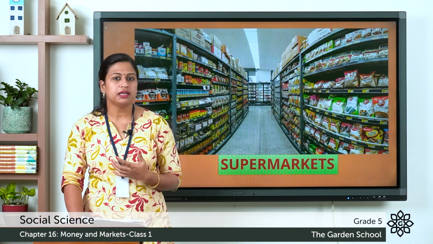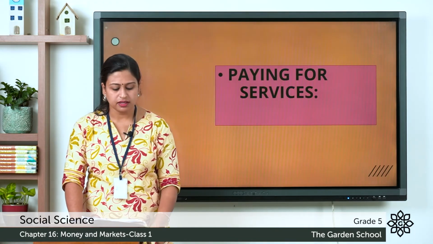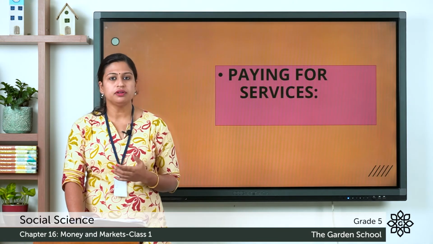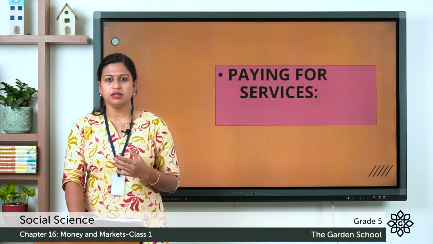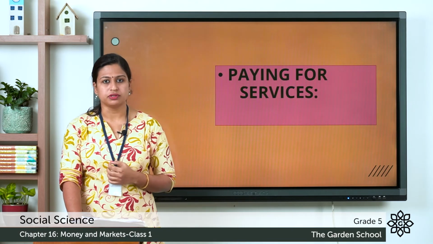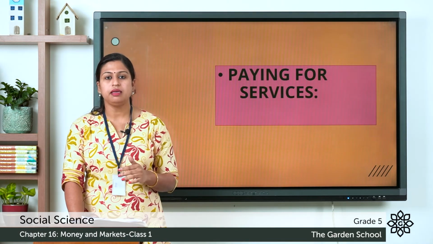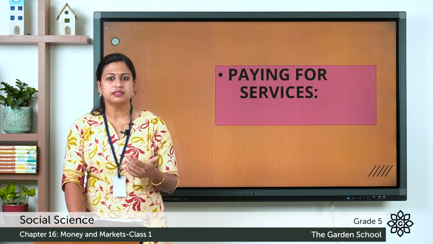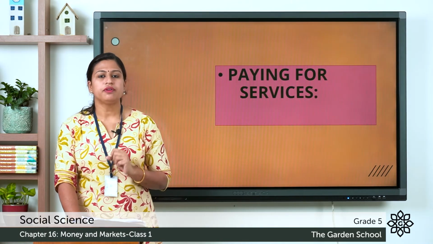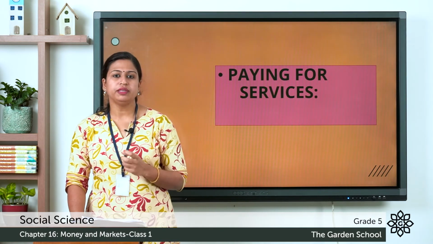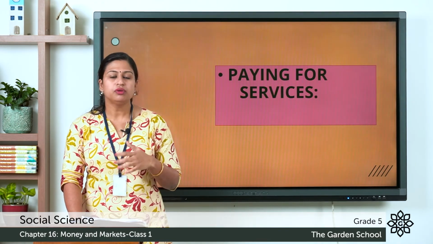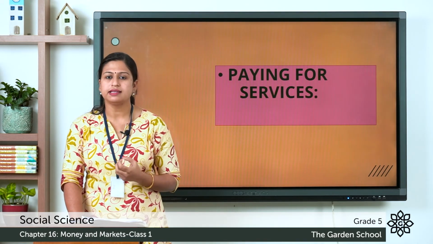Now the next topic is paying for services. Till now you saw that there was an exchange of money in buying and selling of goods. Now this is another form of exchange where the buyer buys services instead of products. For example, when you go to a movie theater to watch a movie, you go to the ticket counter and buy some tickets.